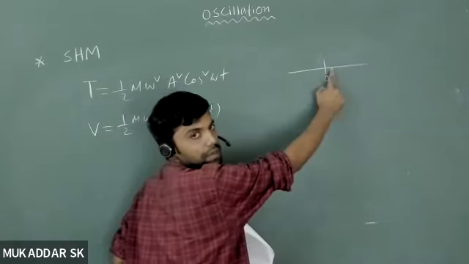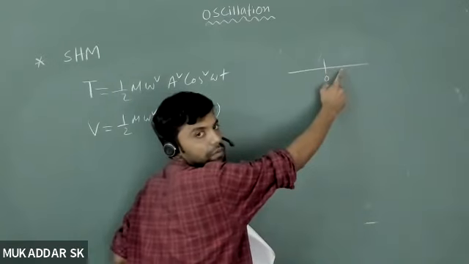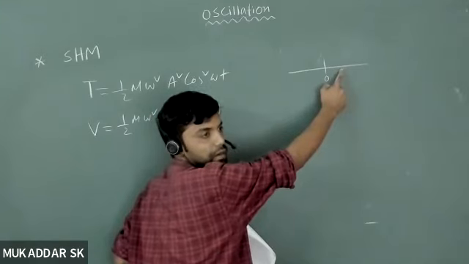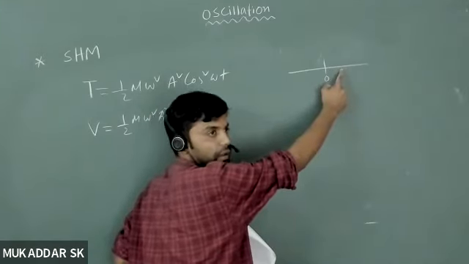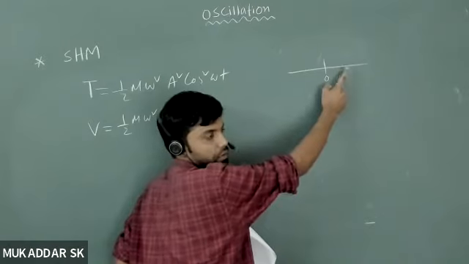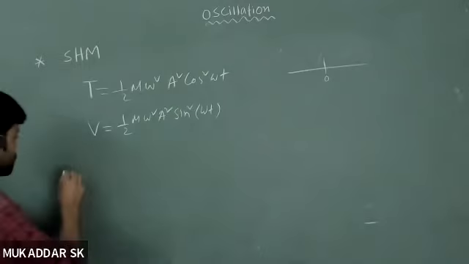After some time t equals t2, it will be somewhere here. So at every point you will have a different time, and at different times, the oscillator will have different kinetic energy as well as different potential energy. Now, if you calculate the time average of kinetic energy and potential energy, then how will you calculate this?